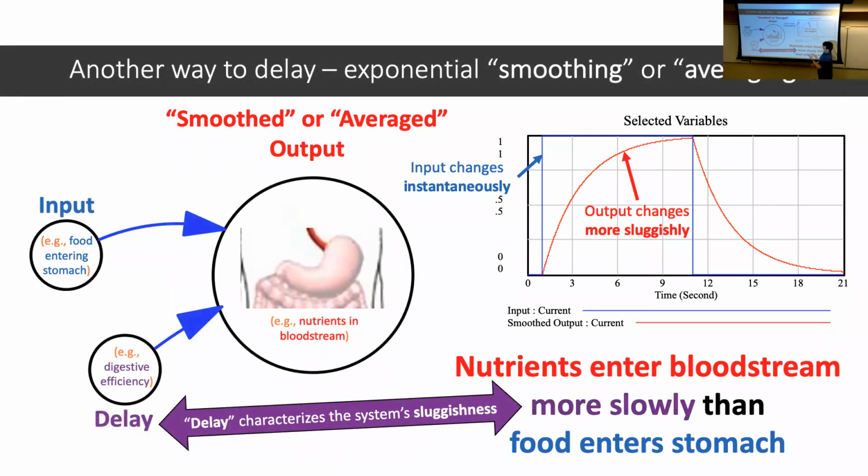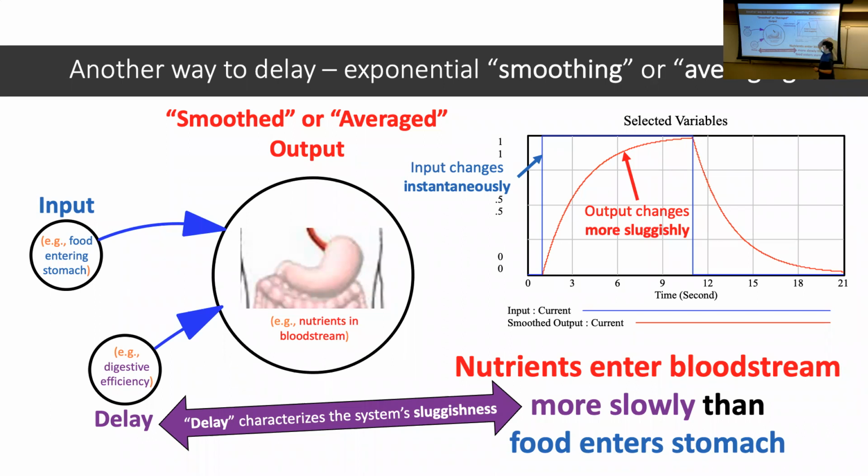So we have this parameter that for now I'm going to call delay, which characterizes the sluggishness, but it's a little tricky because in a fixed delay, I can actually say it takes 2 seconds to get from here to here. But this is like the average delay for a marginal unit of thing that's in the system moving around.